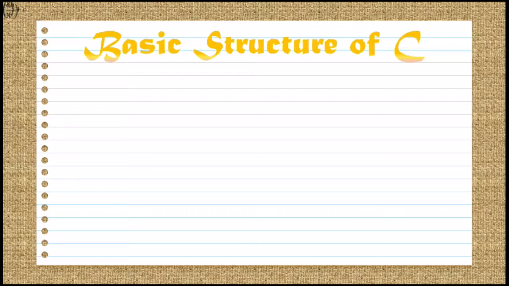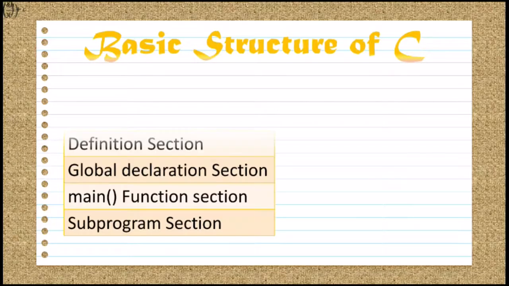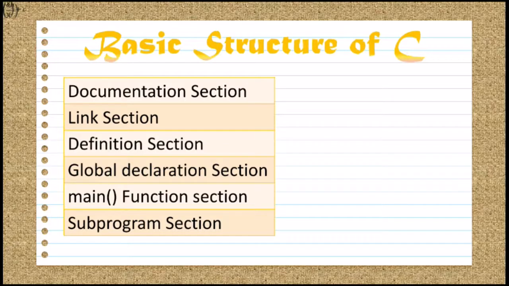There are 6 sections in basic structure of C. First one, documentation section. Next, link section. Next, definition section. Next, global declaration section. Next, main function section, and last, subprogram section. So these are the 6 sections in basic structure of C.